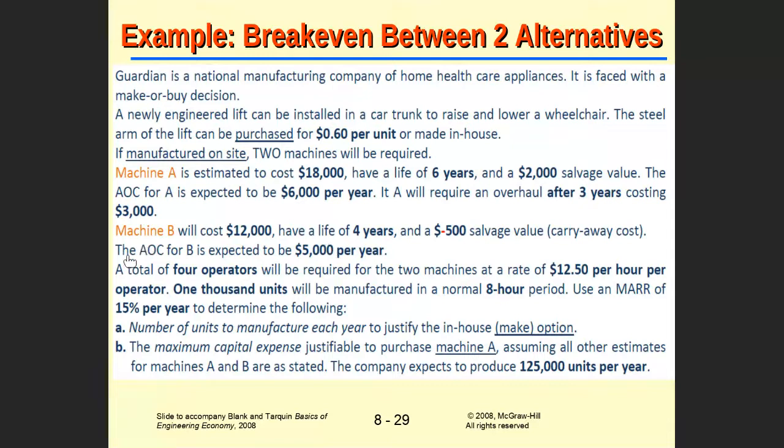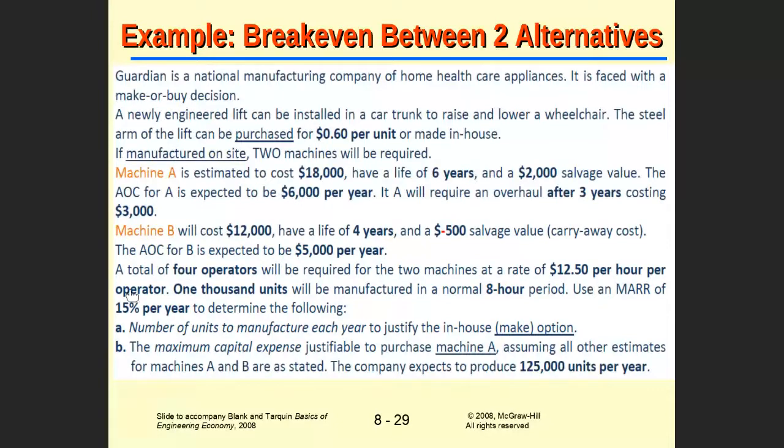Now here is the information that needs attention. A total of 4 operators will be required for the 2 machines. So how many people will work? 4, and it is not an option, so it's a must to be 4. And their rate is $12.50 per hour per operator. These two pieces of information are very important.